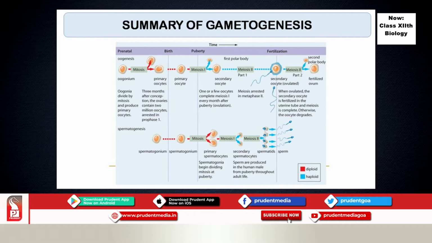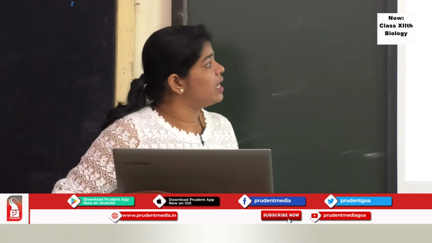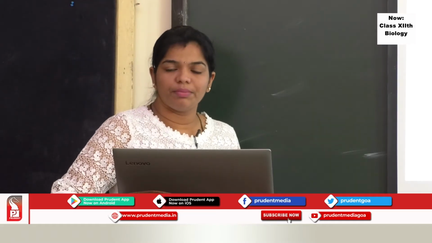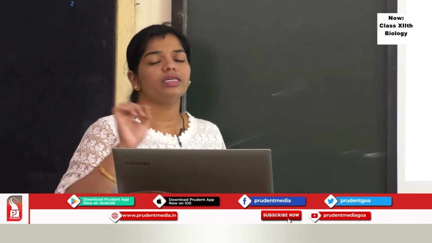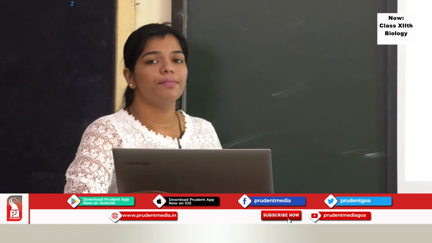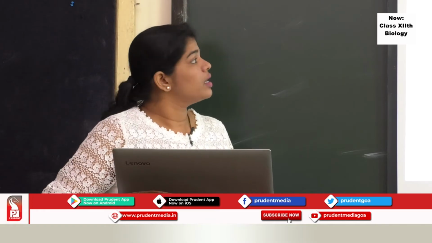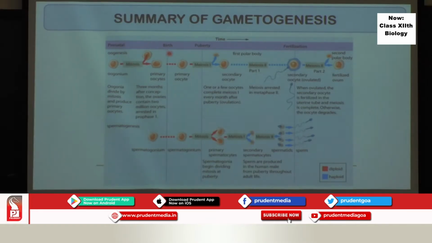And these primary oocytes enter meiosis, but they get arrested in the first part of meiosis 1, that's prophase 1. So when the female child is born, they have primary oocytes in the ovary which are arrested at the prophase 1.